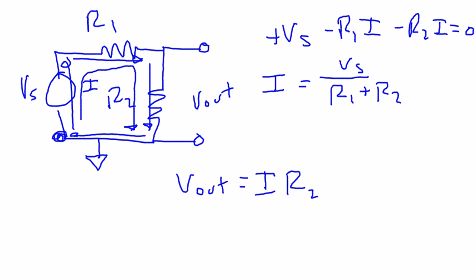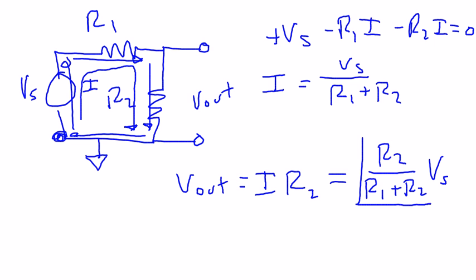And we already solved for I, so if we plug that in and rearrange a little bit, we get R2 over R1 plus R2 times the source voltage. So if you look at this equation, we're measuring across R2, and its output is proportional to the input by the ratio of the resistance you're measuring across over the total resistance.